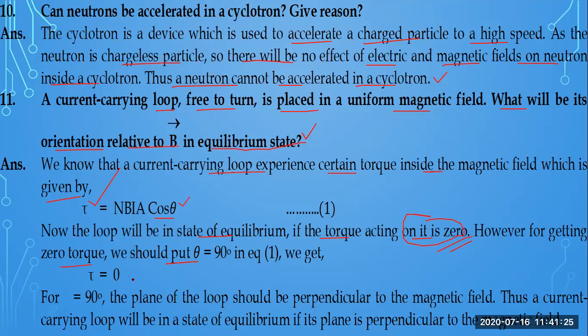If it is a 90 degree angle, it means the loop is making an angle of 90 degrees with the magnetic field. Then for 90 degrees, torque will be zero. The plane of the loop should be perpendicular to the magnetic field. Thus, a current carrying loop will be in a state of equilibrium when its plane is perpendicular to the magnetic field.